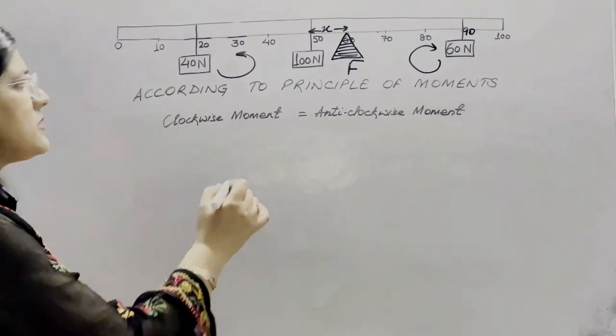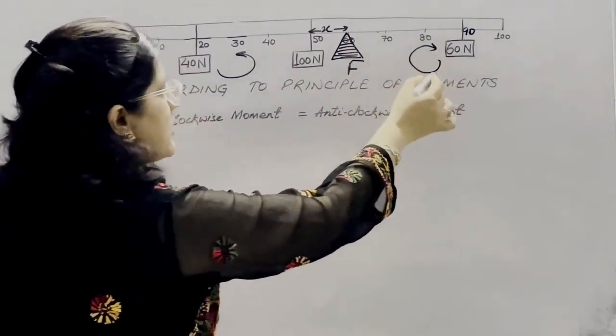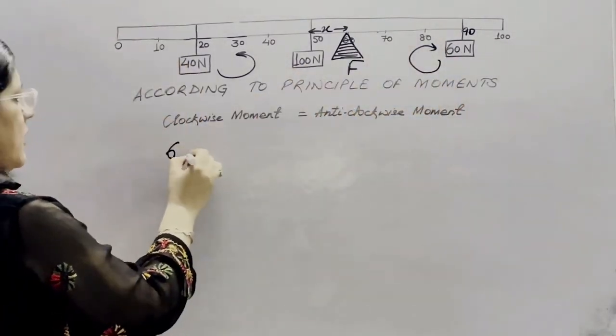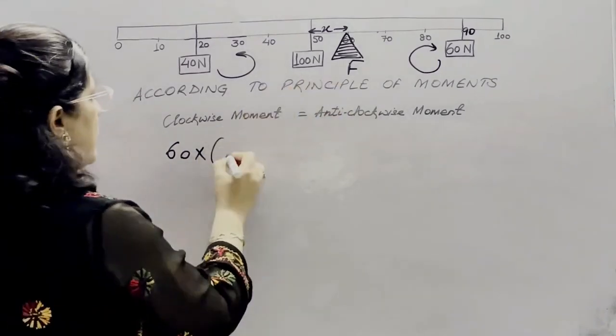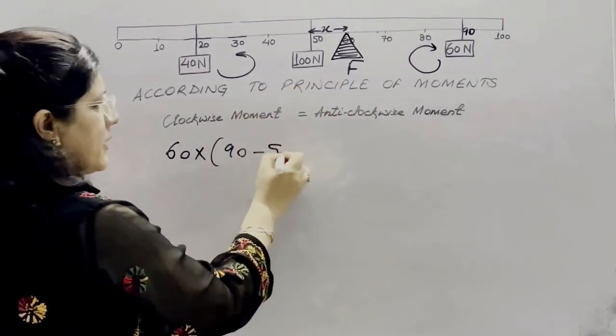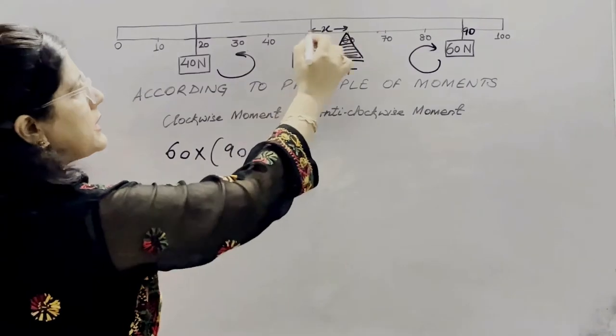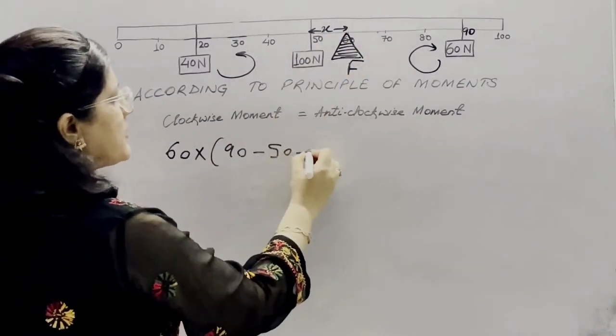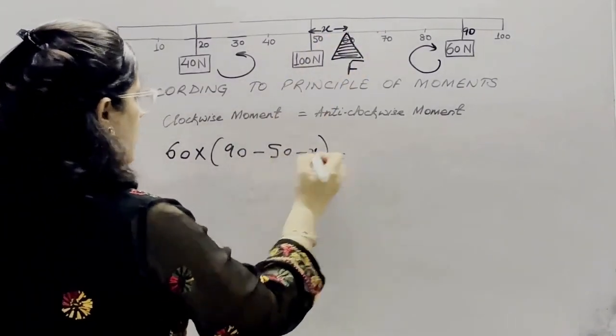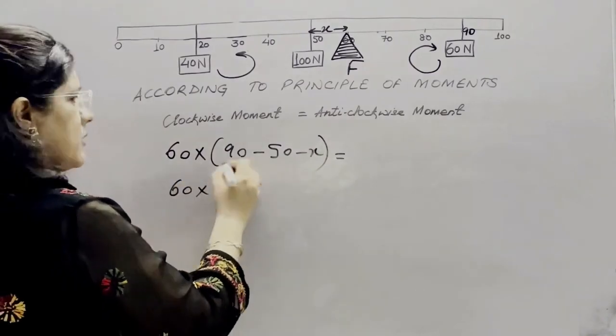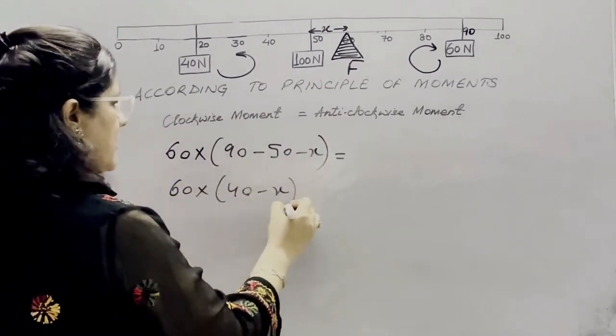Clockwise moment is due to this 60 Newton weight, and its value is 60 into 90 minus 50. In this case it is 90 minus 50 minus x, so 60 into 40 minus x.